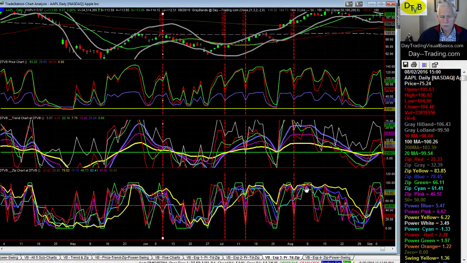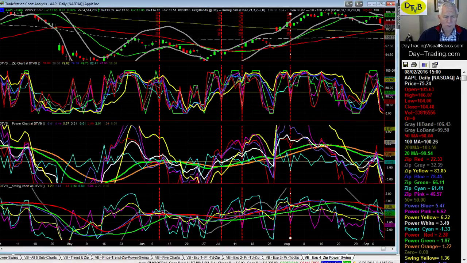I'm going to flip over to this other chart and point out one of the conditions that we see as a downtrend, and that is zip yellow and power yellow. When both of them are highest and both of them are going down, you have a downtrend. When both of them are lowest and going up, you have an uptrend.